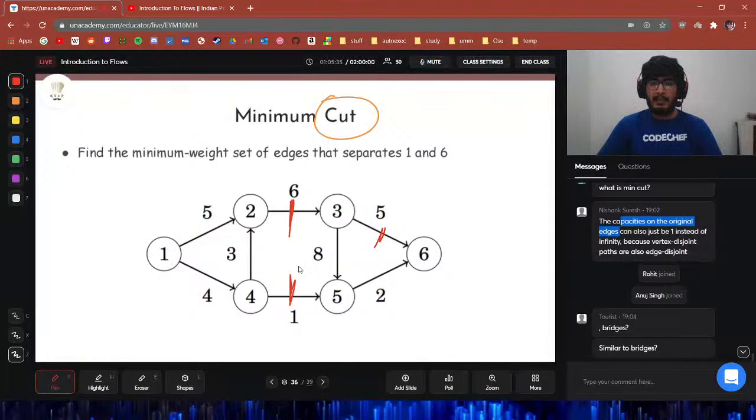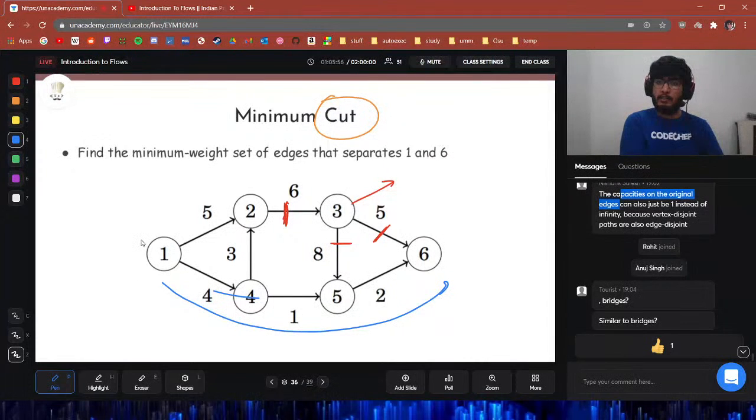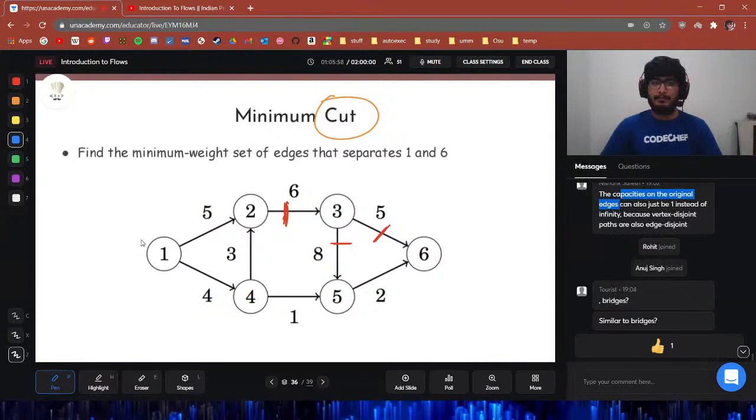Let me explain what I mean by that. If I cut 6, 8 and 5, 3 is going to get separated out. Our graph has become disconnected, but I can still find a path from 1 to 6 like this, so this is not a cut. The cut is specifically one which cuts from the source node to the end node.